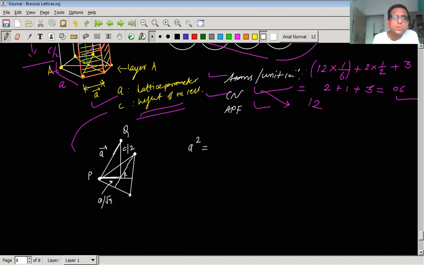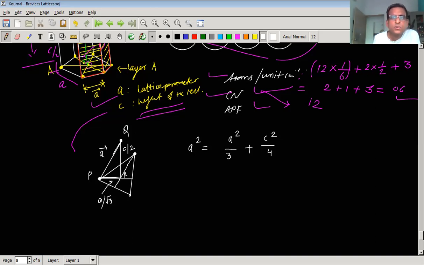So this will be A square by 3 plus the height C square by 2. A square by 3 plus C square by, it will become 4 actually, not 2, because the diagonal square is equal to the sum of the squares of the other sides of the triangle, Pythagoras theorem.